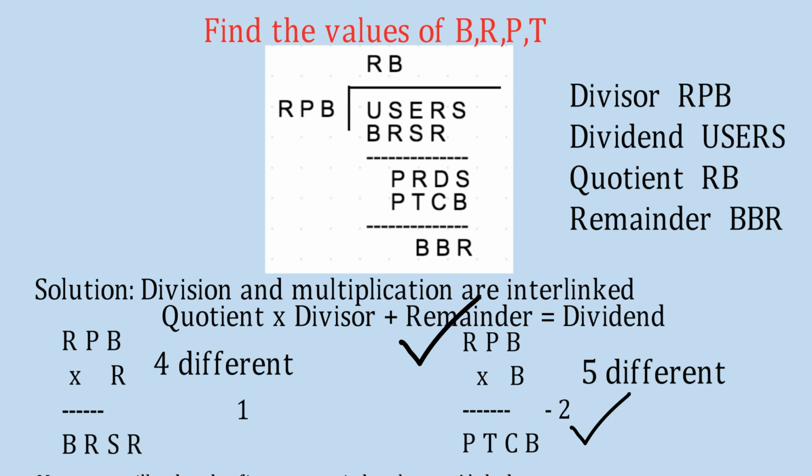So an addition equation would have to be formed if there were more unknown variables, like RPB into RB plus BBR equal to the dividend. That equation had to be formed, but it is not required till now.